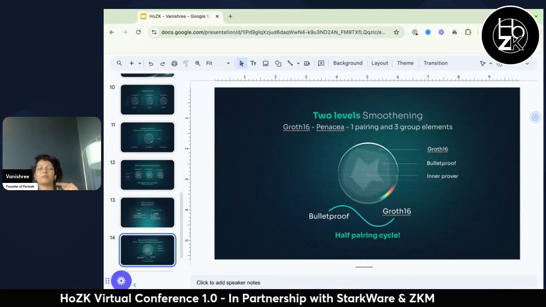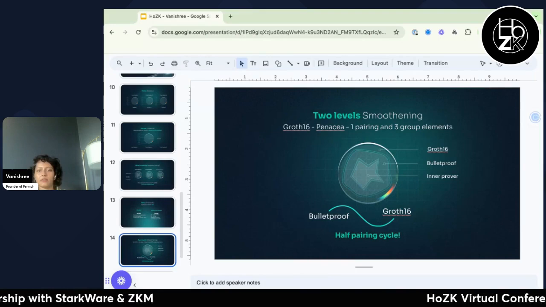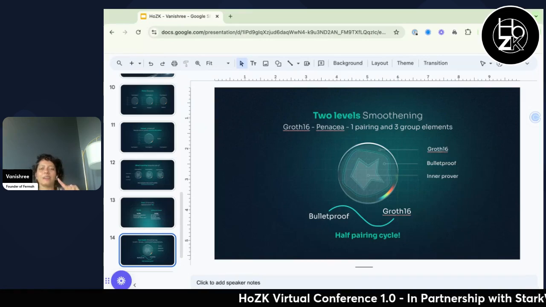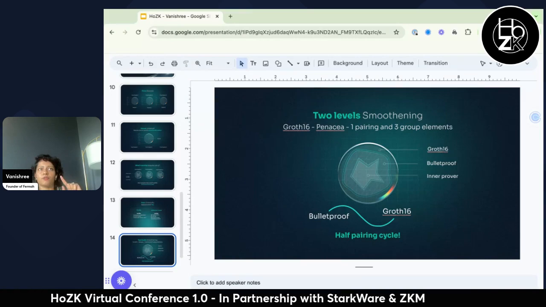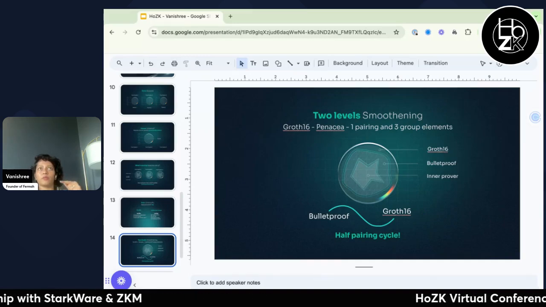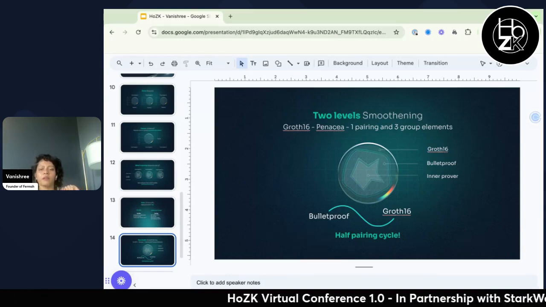The Groth16 prover needs to do much less work thanks to the succinctness brought about to a good extent. I shouldn't say succinctness, I think pedantic people will not like it. But I should say the reduction in the amount of work that the Groth16 prover needs to do is much less in this case.